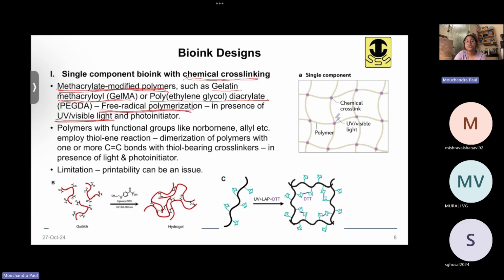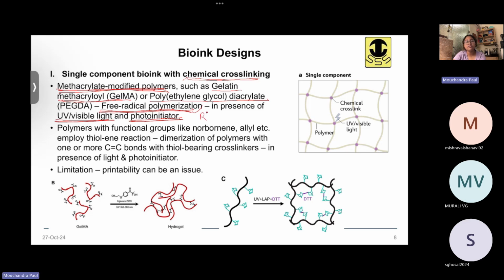You can use either UV light or visible light, and a photoinitiator is also added to initiate this free radical polymerization process. What is free radical polymerization, you may ask? In the presence of light, first the photoinitiator is activated and it releases a free radical, like the groups you must have seen marked with a dot.